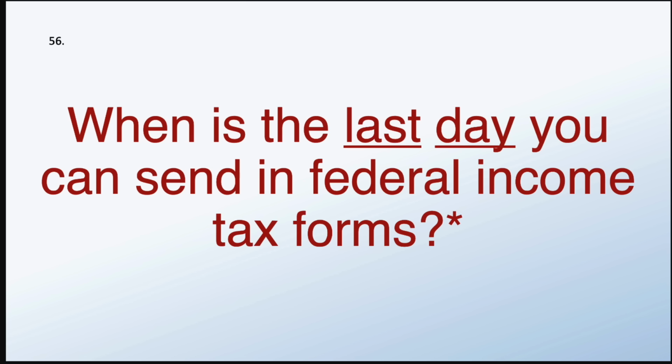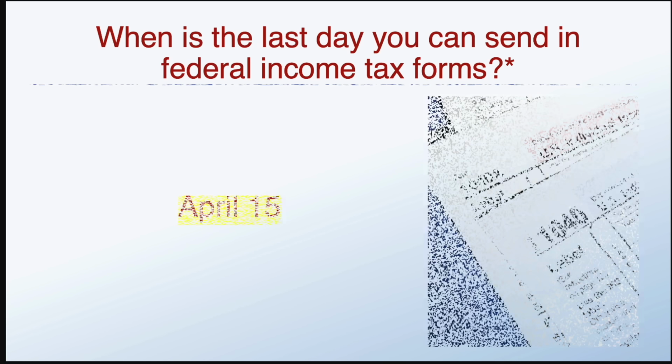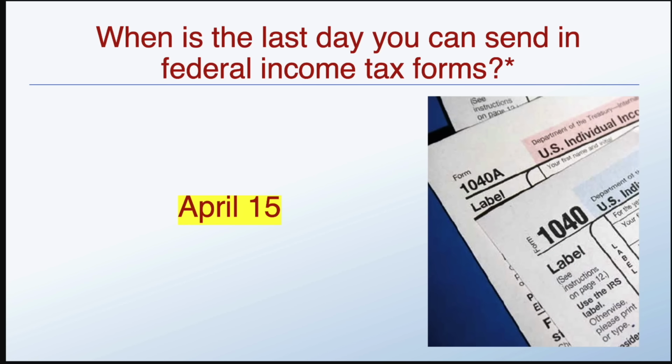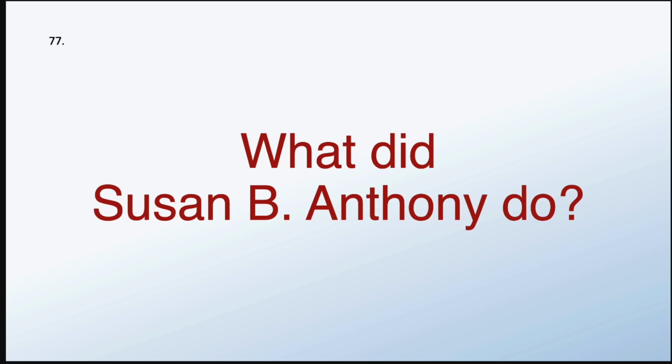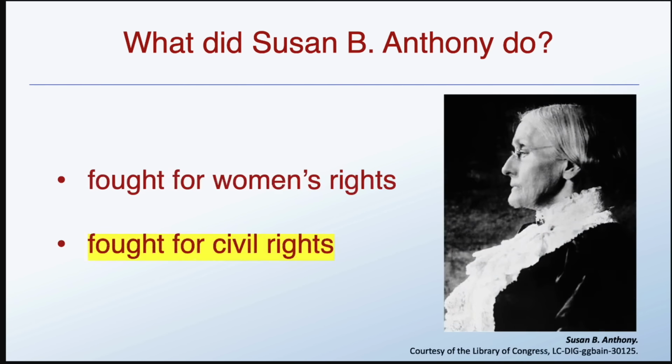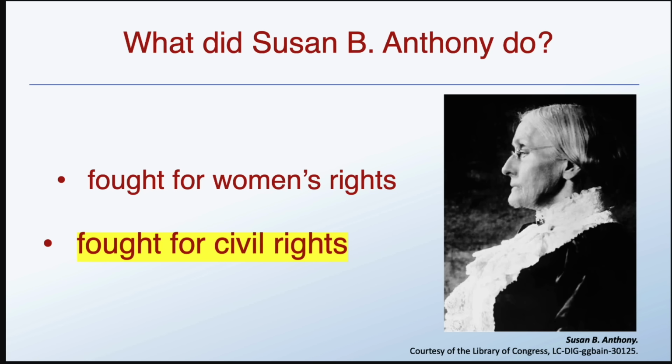When is the last day you can send in federal income tax forms? April 15th. What did Susan B. Anthony do? She fought for civil rights, or fought for women's rights.